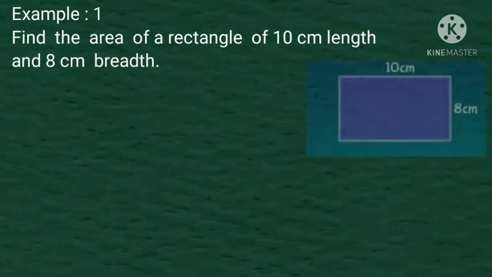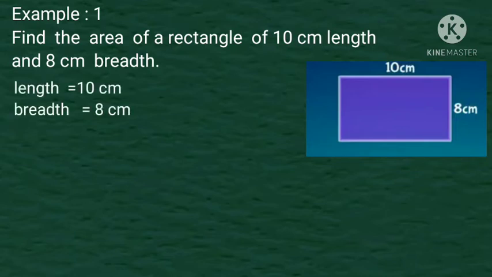For example, find the area of a rectangle of 10 centimeter length and 8 centimeter breadth. Here length is equal to 10 centimeter. Breadth is equal to 8 centimeter.